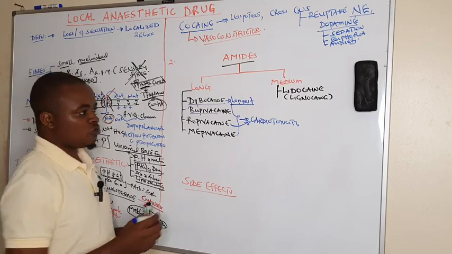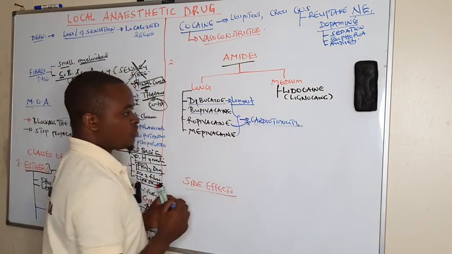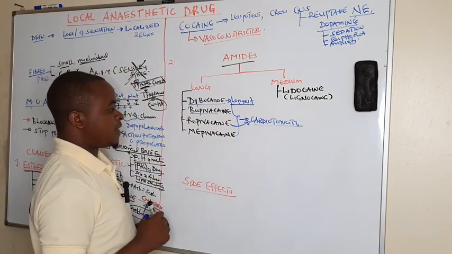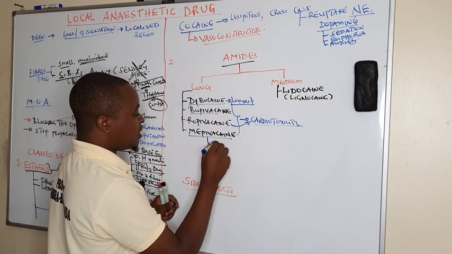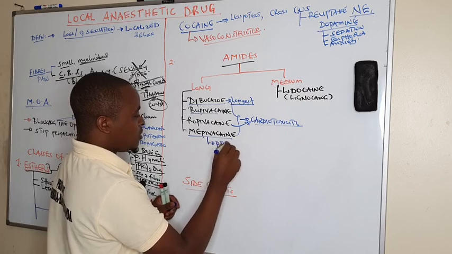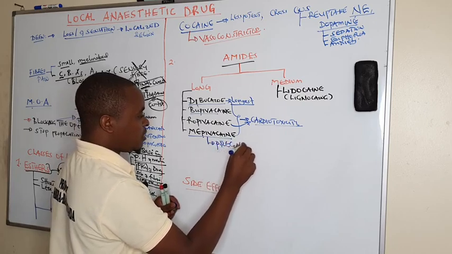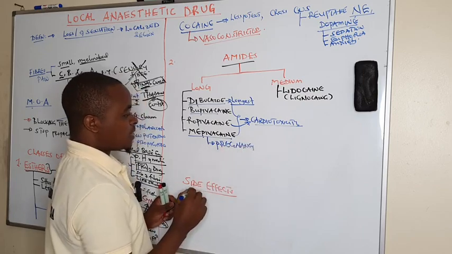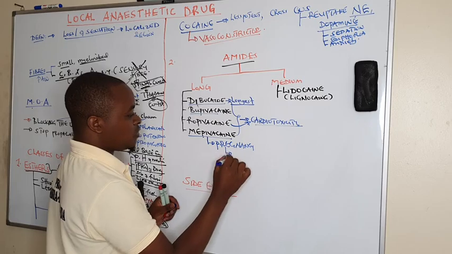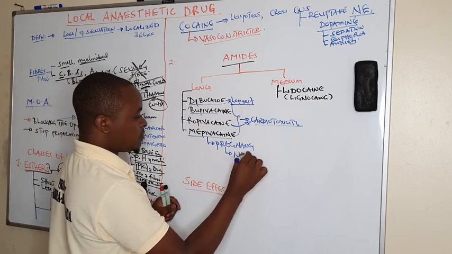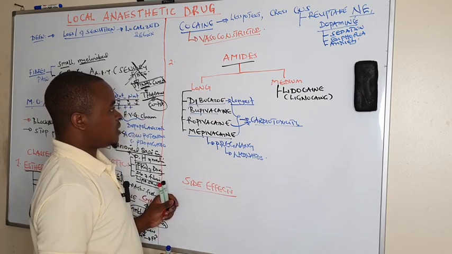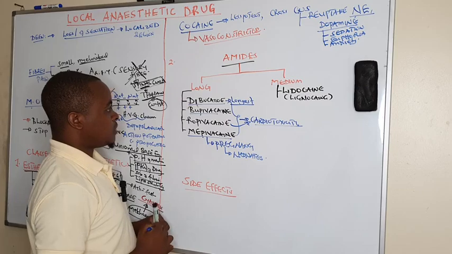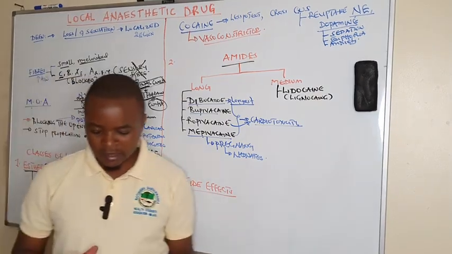So they are contraindicated because of their cardiotoxic effect. Then mepivacaine is contraindicated in pregnancy, because it has a toxic effect on neonates.